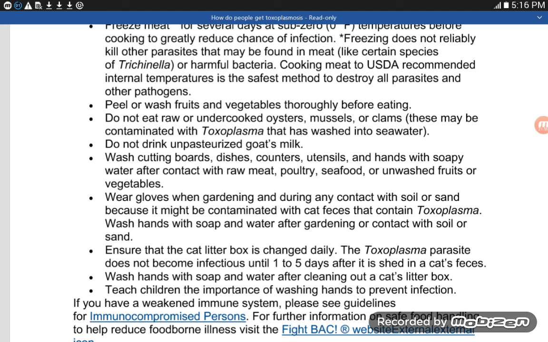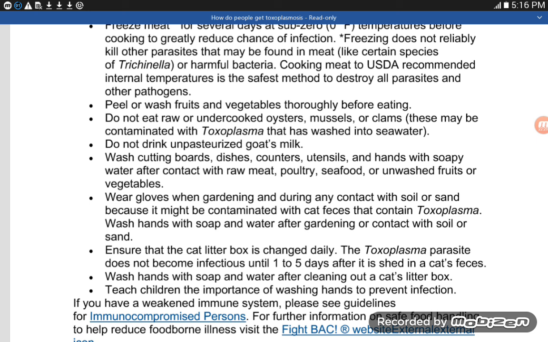Otherwise, what happens? If the cat is infected, the infective stage is shed with the cat feces, even though at first it is not infective, because after shedding, the immature oocyst becomes a mature, infective oocyst. It takes some time. So in the environment they need some development, so it takes 1 to 5 days.